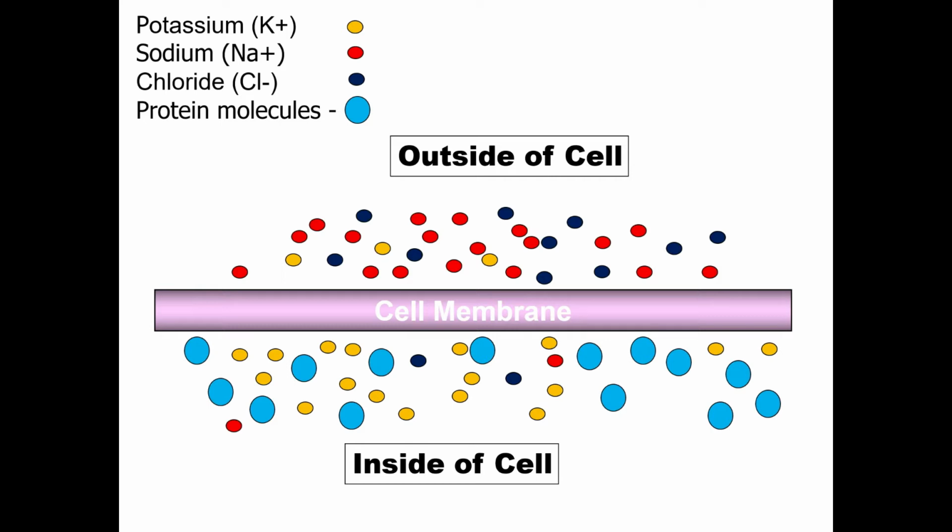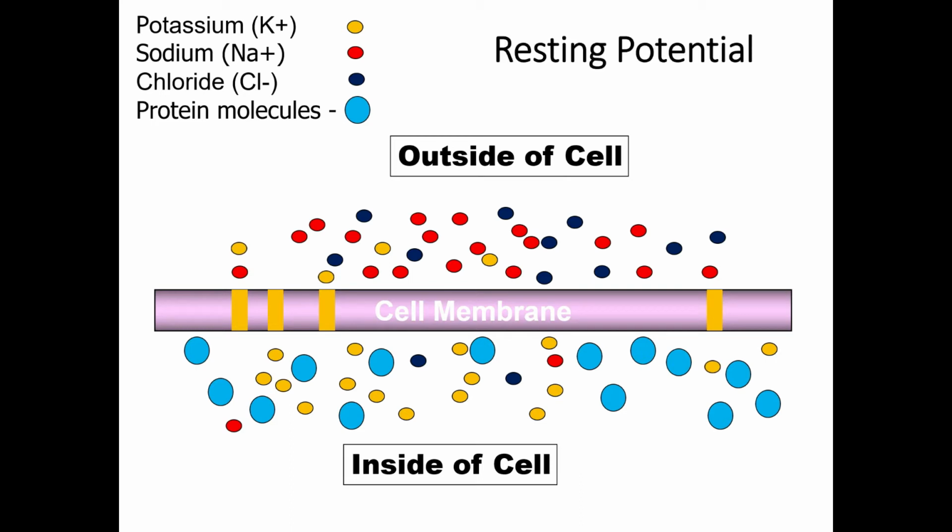Negatively charged protein molecules cannot pass the membrane. But potassium ions are able to go back and forth between inside and outside of the neuron, just like this. And this represents the resting potential.